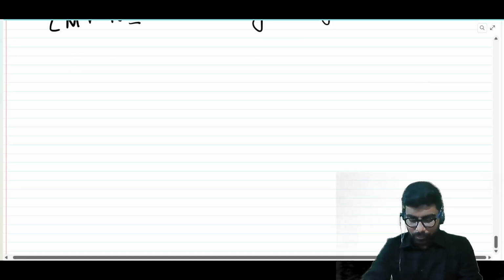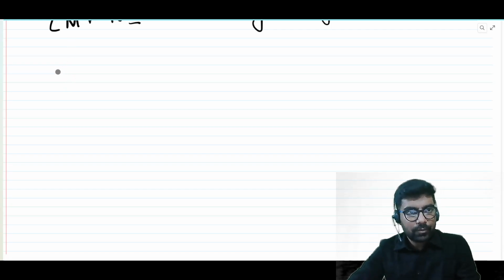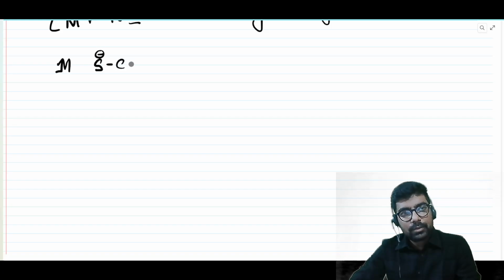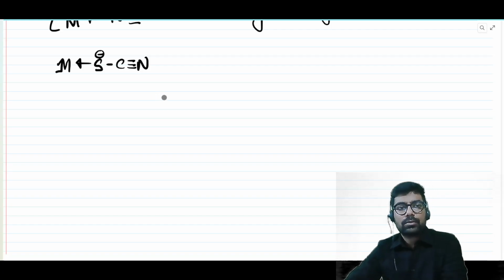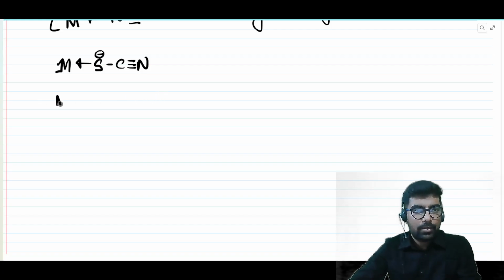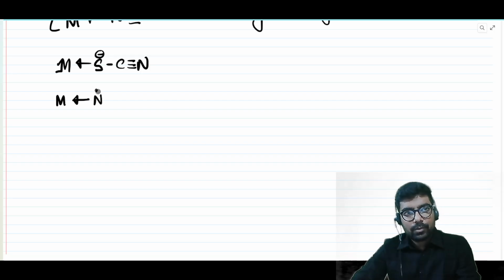Okay, so we have another important one. We have metal, and to this we have SCN, where sulfur is acting as a donor site. Again we have a metal, with the nitrogen lone pair acting as a donor site.